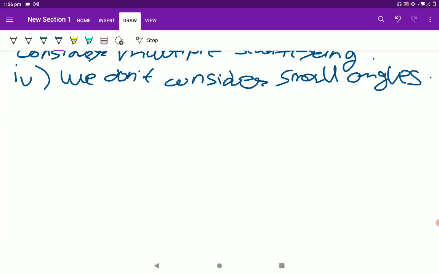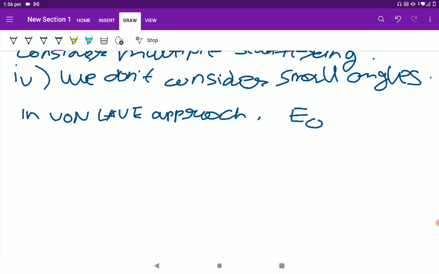So let me give you some overview of the Von-Laue approach, which will be the topic of our next lecture. In the Von-Laue approach, we have an incident electromagnetic wave with electric field amplitude E0, and it's represented by this equation: incident electromagnetic wave E_I equal to E0 exponential i(k_i r minus omega t), where k_i is the incident wave vector.